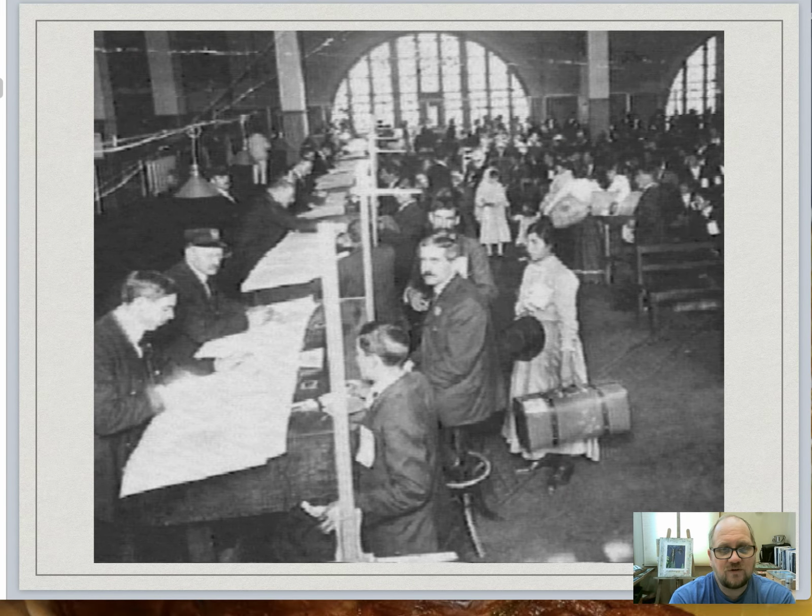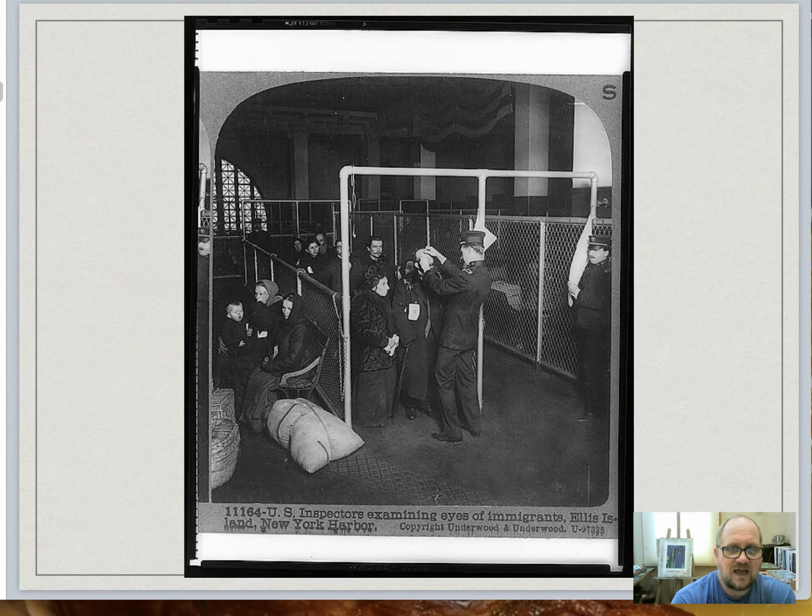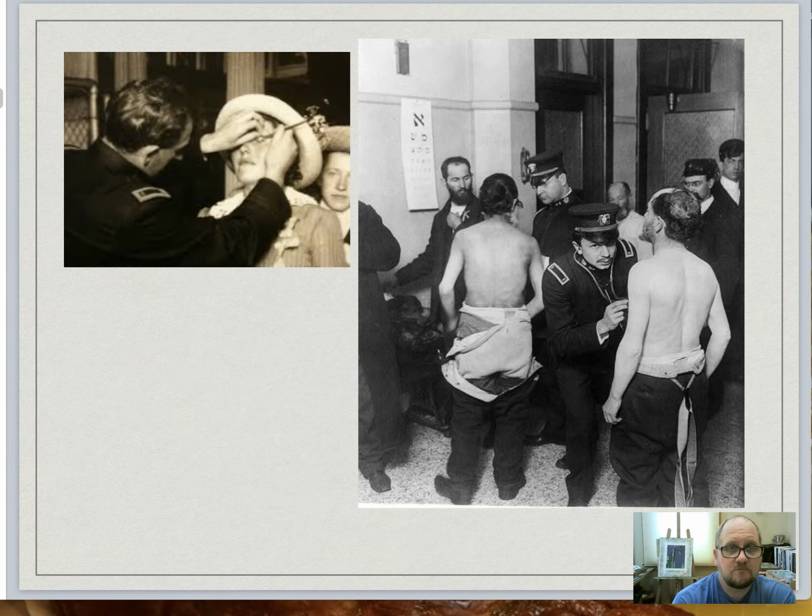And then after that, you went through a medical check, where they're checking for contagious diseases, typhoid fever, different other types of flus, checking for lice and glaucoma or other eye diseases, the type of things that they could spread. And for the most part, everyone passed.